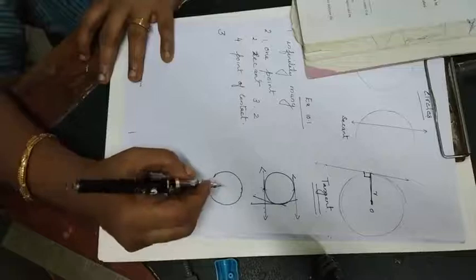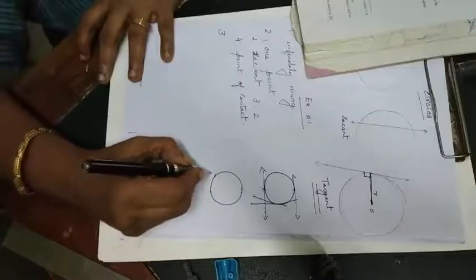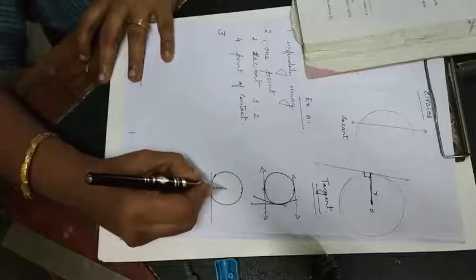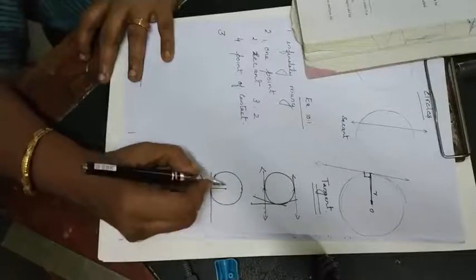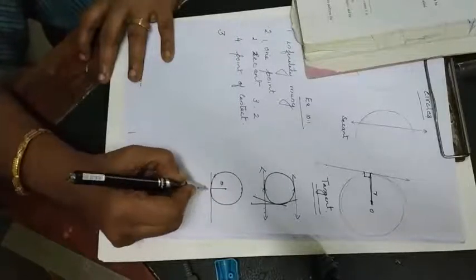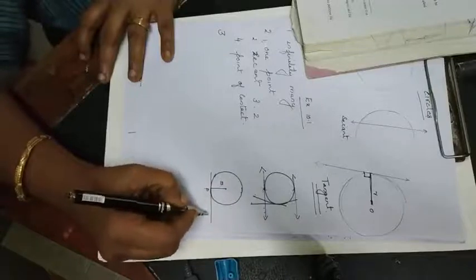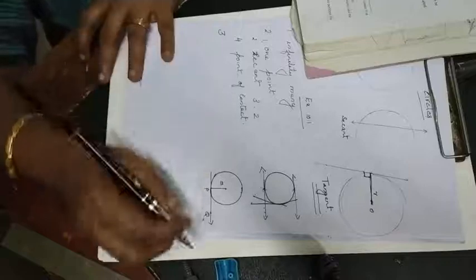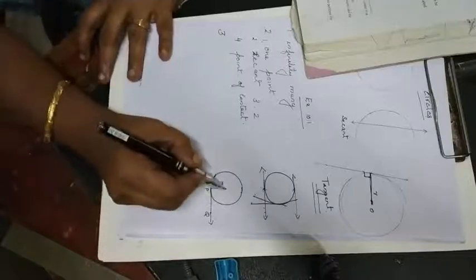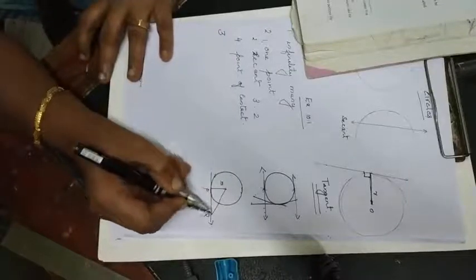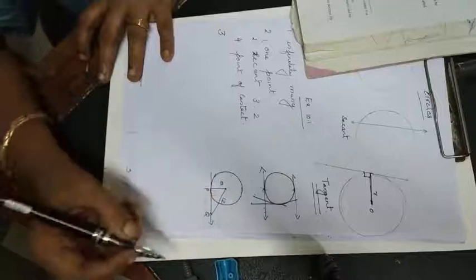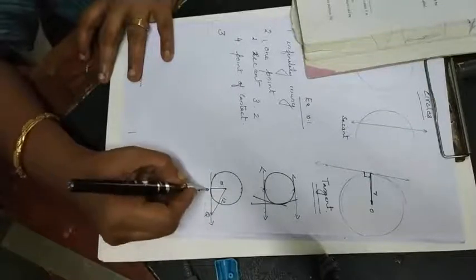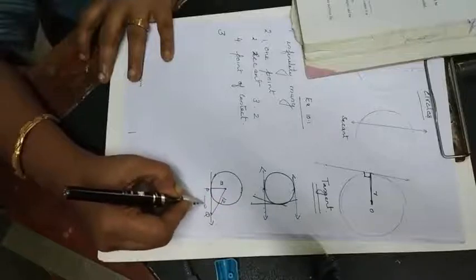PQ is a tangent. Radius of that circle is 5. So let this one be P. Q is here. O is the center, OQ is equal to 12. You are asked to find out PQ, this distance. Okay.